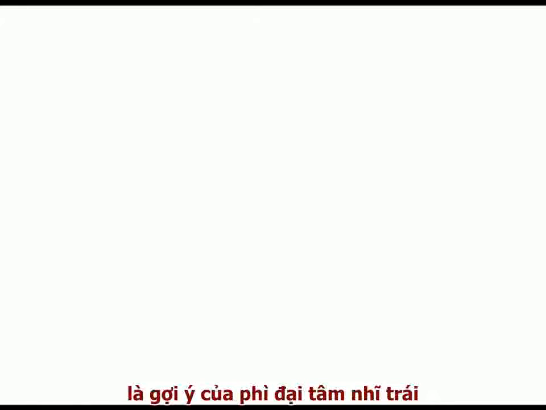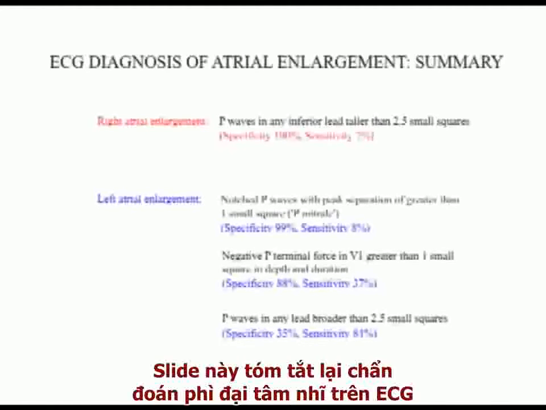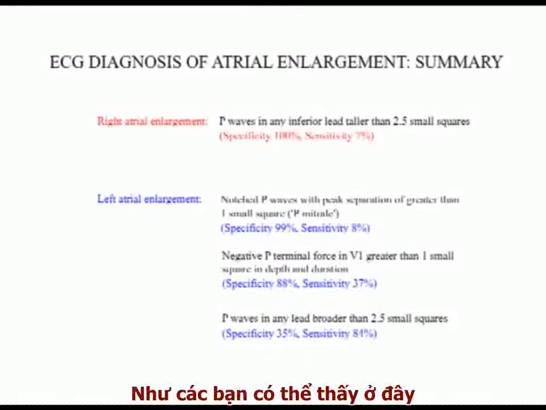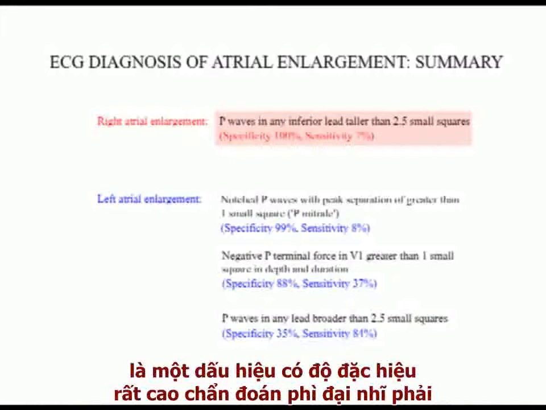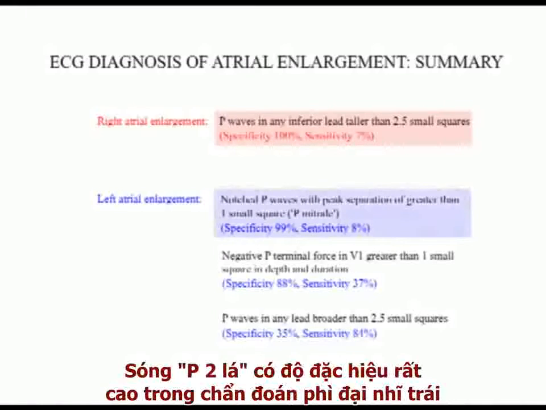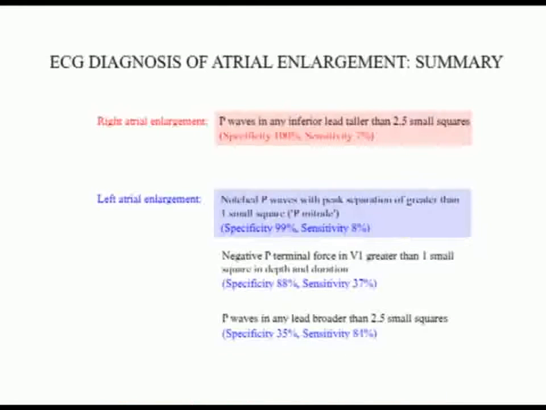left atrial enlargement. This slide summarizes the ECG diagnosis of atrial enlargement. As you can see from the figures quoted here, P waves taller than 2.5 mm in amplitude in any of the inferior leads is a very specific finding for right atrial enlargement, and P mitrale is very specific for enlargement of the left chamber.